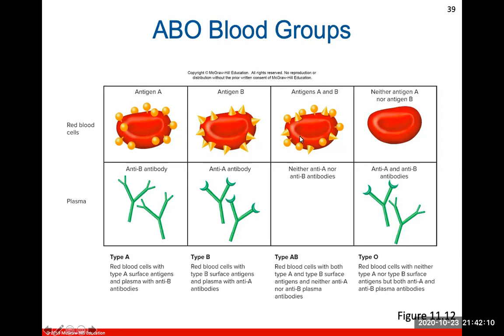If you're type AB blood, you'll have both types of antigens. And because you have both antigens on your own red blood cells, you're not going to create any antibodies because you don't want to destroy your own red blood cells. And if you're type O, you don't have either antigen, so you will create antibodies to both antigens.